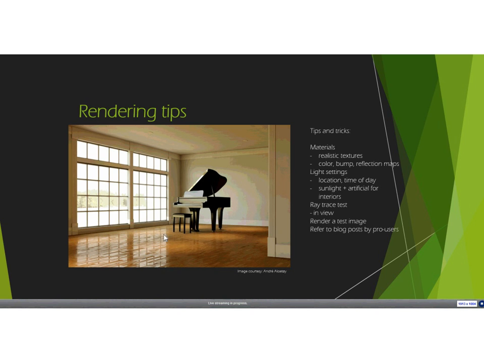Also pay attention to your light settings. For interior shots, you might want to use sunlight and artificial light, and also pay attention to the location and time of day if you're looking for a good rendering.